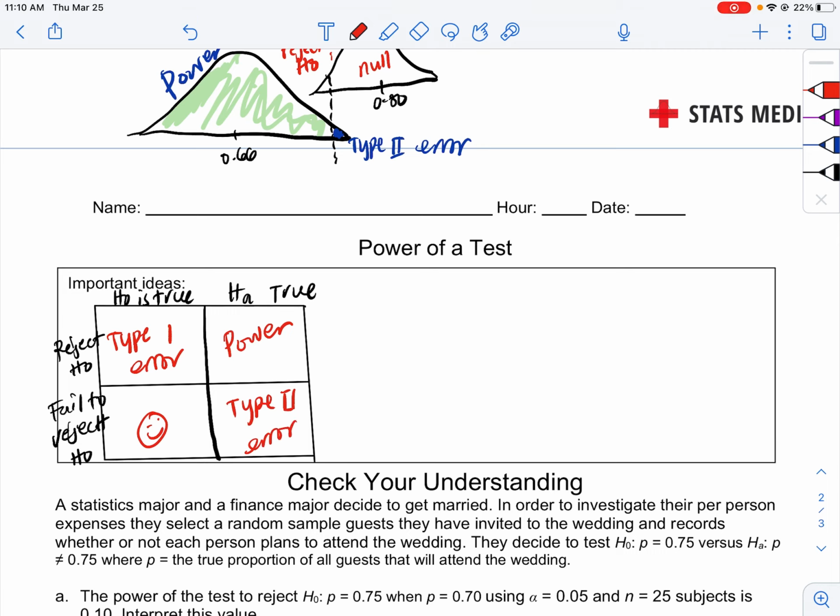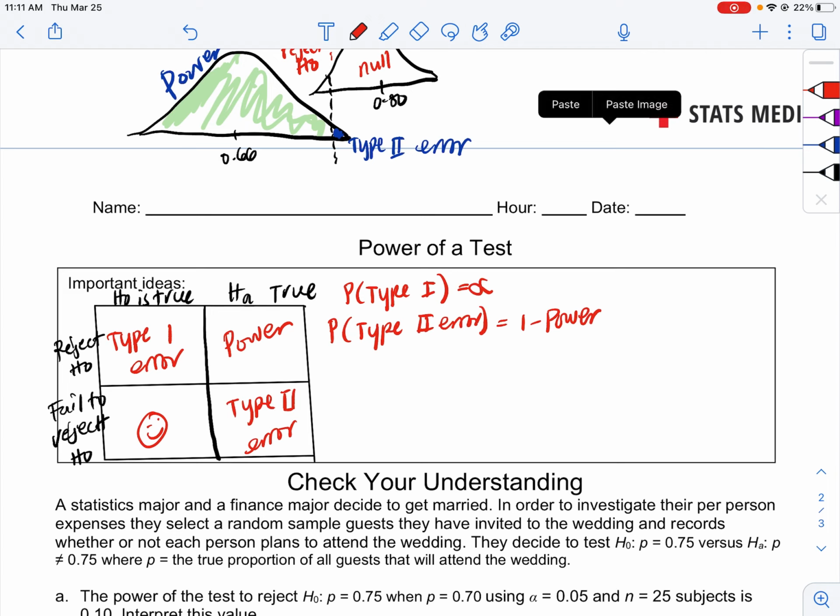Okay. And what else did we learn? The probability of type 1 error is the alpha. The probability of type 2 error is 1 minus power. Or the other way around, power is 1 minus type 2 error.